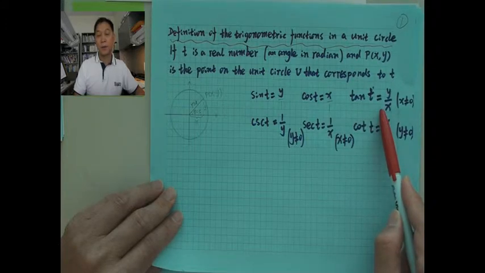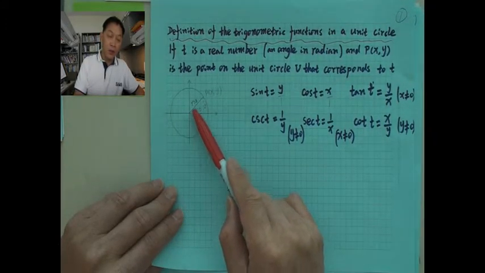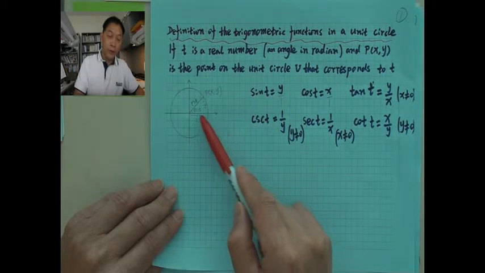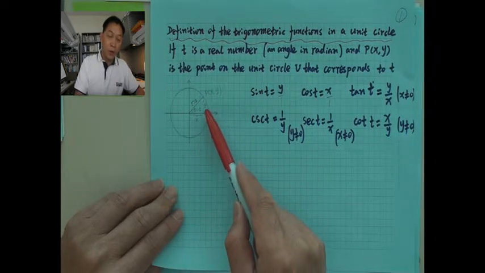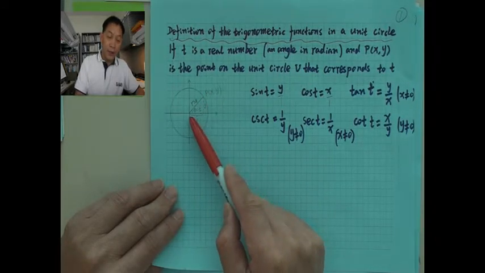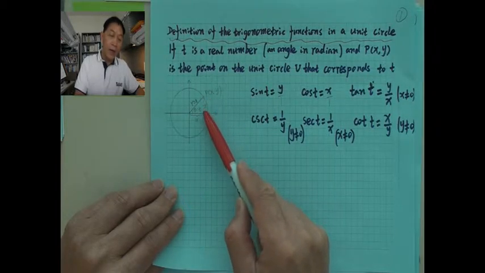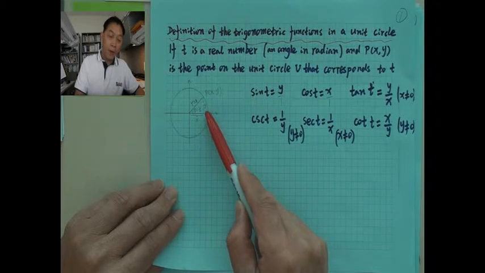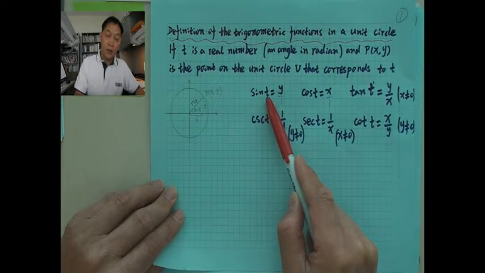Now, in this graph, r is restricted to 1. Then the x coordinate is this part, and the y coordinate is this part. So y over 1, basically the length of y is just the value of sine t.